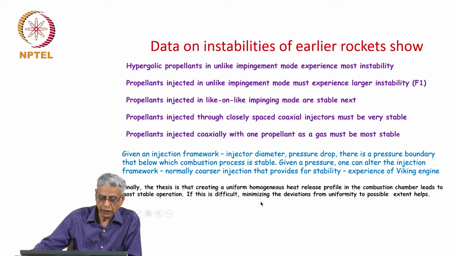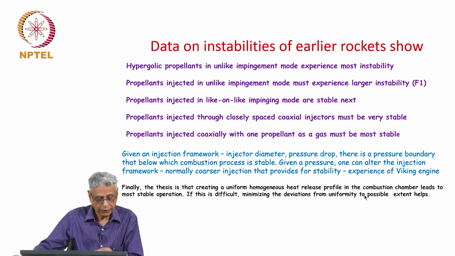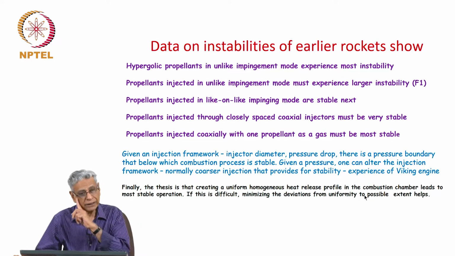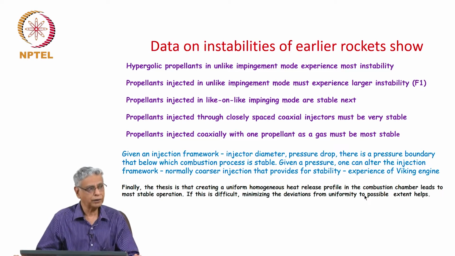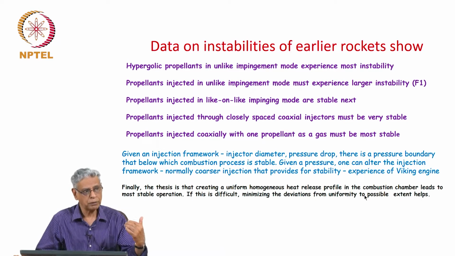If this is difficult, minimizing the deviations from uniformity to the possible extent helps. Keep this thought in mind, because this principle is not something that you can prove right away. Efforts may need to be put in to prove that, but this is a guiding principle in drawing the conclusions which I have stated here.